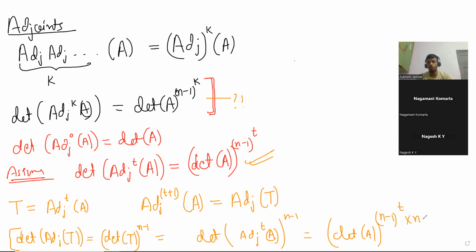But then we also have an n minus 1 here, and so that proves it. Let me just think about this once. Adjoint is being applied k times, and when you apply it once, you get this.